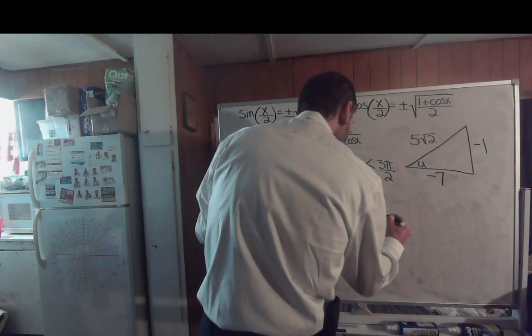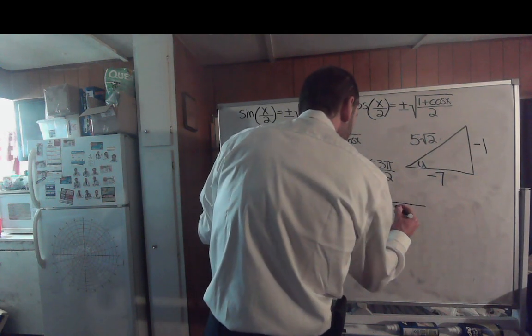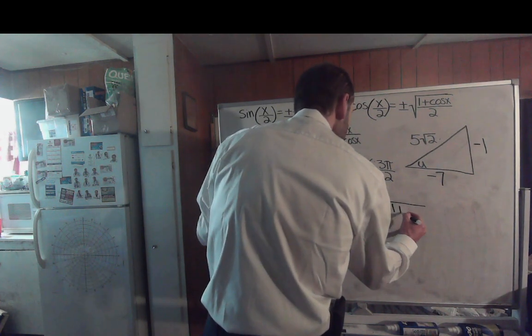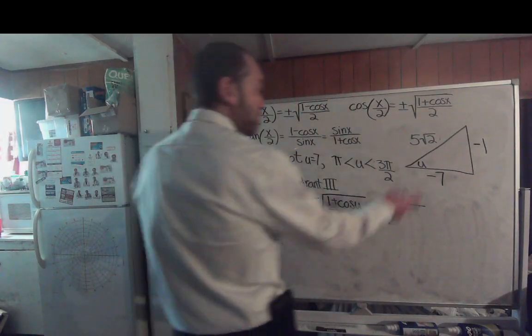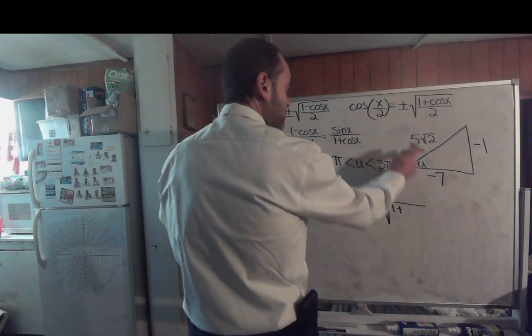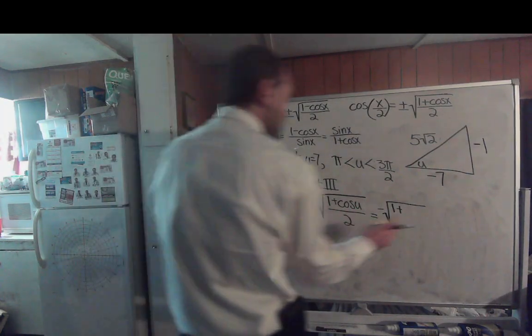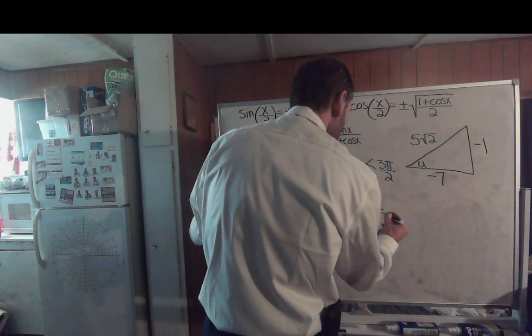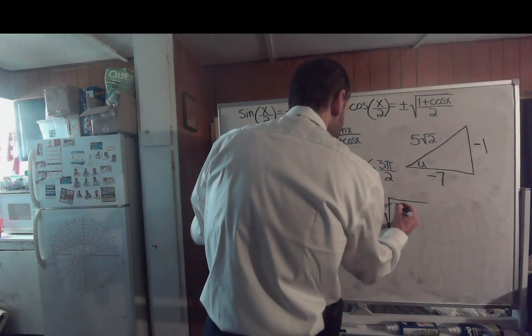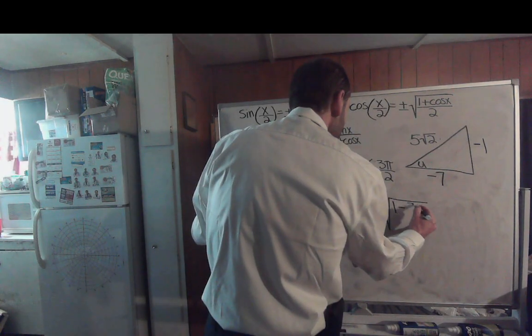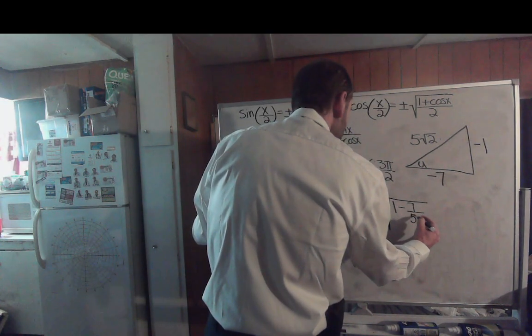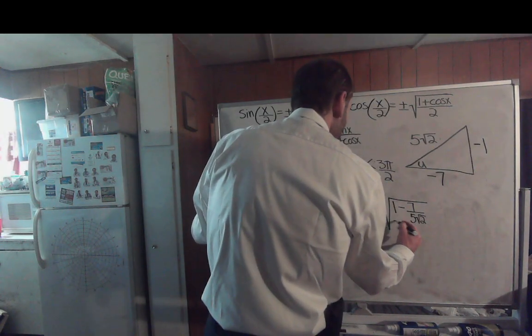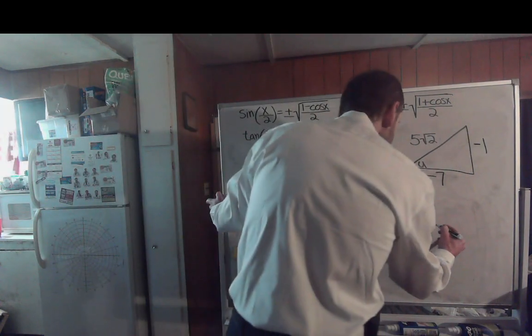So this would equal negative of the square root of 1 plus, what is the cosine of u? That's negative 7 over 5 times the square root of 2. Let me make this radical a bit bigger. So that would actually equal 1 minus 7 over 5 times the square root of 2, all that all over 2. Well, let's simplify this.